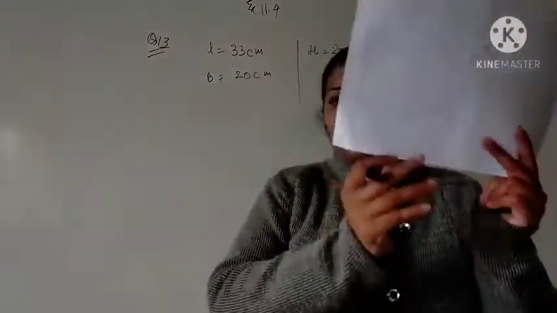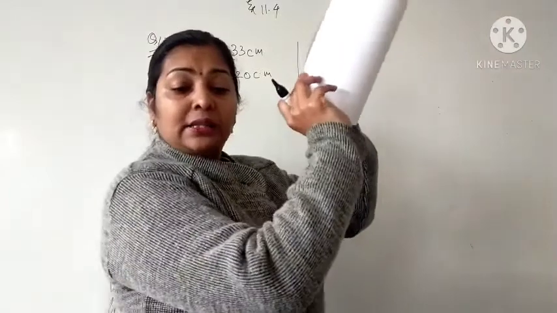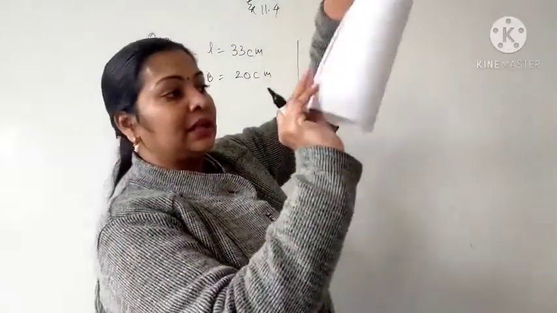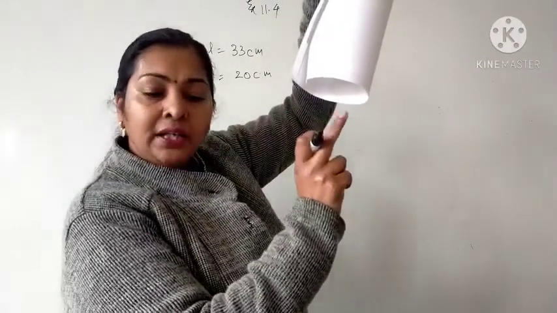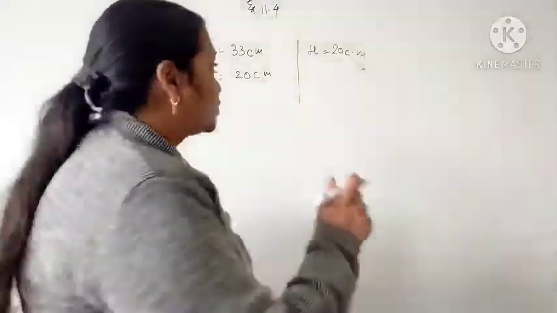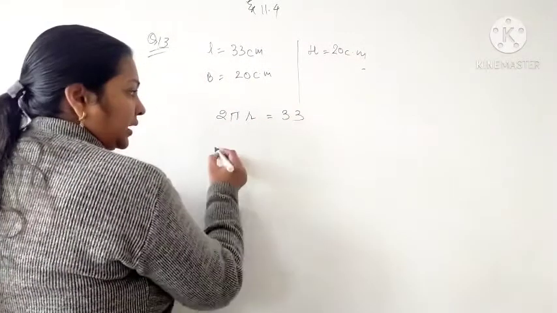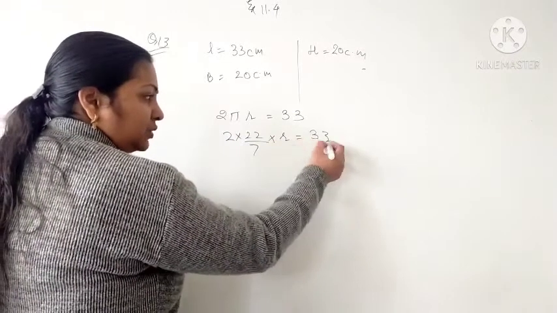See, this was our paper and it was rolled like this and there is no overlapping. The breadth has become the height. But what about the length? The length has become the circumference of the circle. So 2 pi r is equal to 33. 2 into 22 by 7 into radius is equal to 33.